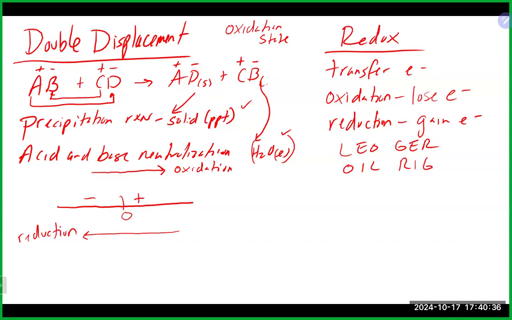So if you can correctly identify the oxidation state or number, which we'll talk about in a second, you can figure out what is being oxidized and what is being reduced. The nice thing is they always occur together, which means if you can for sure figure out what is being oxidized or what is being reduced, then the opposite is happening to the other one.